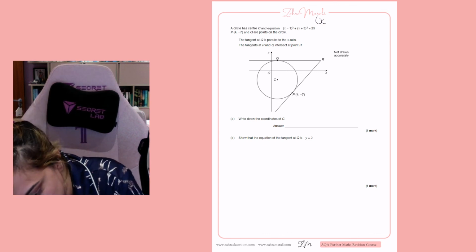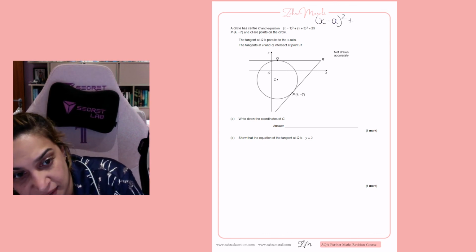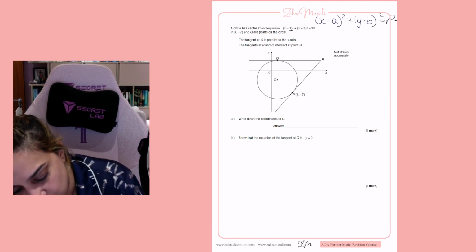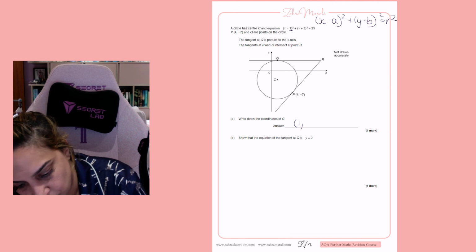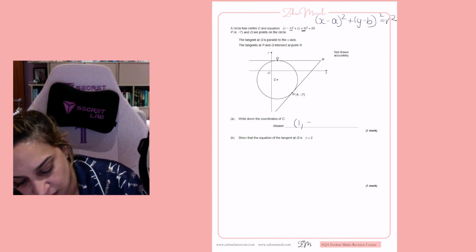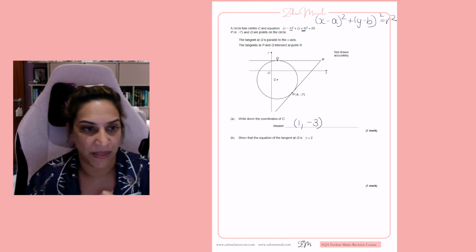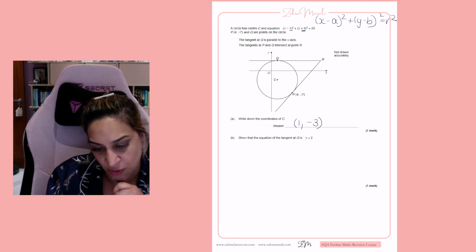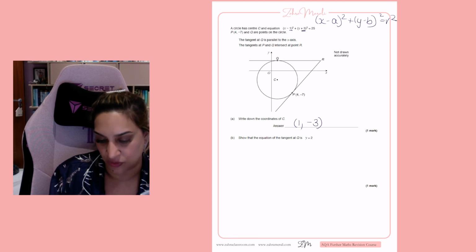So remember our equation, x minus a squared plus y minus b squared equals r squared. So if that's 1, our x coordinate is 1. This is plus 3, so our y coordinate is -3. Okay. Show that the equation of the tangent is y equals 2.